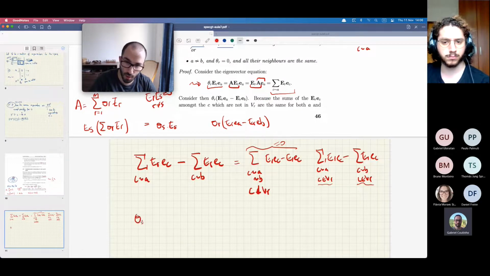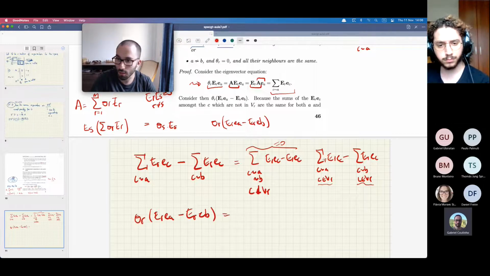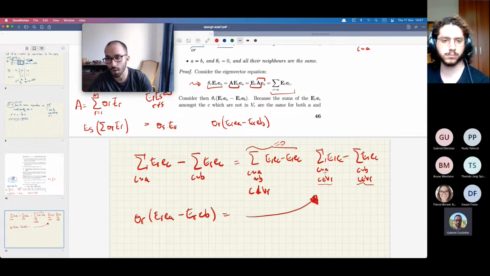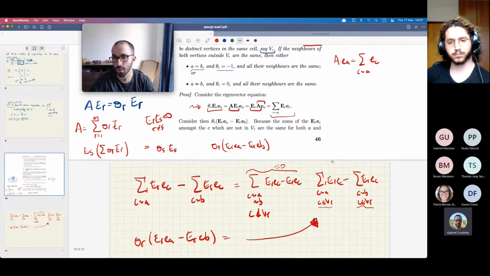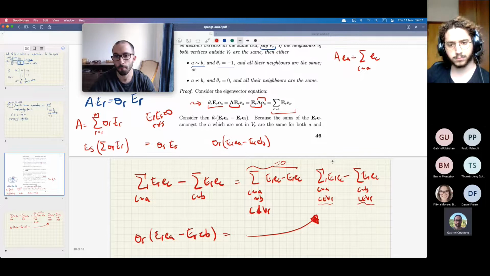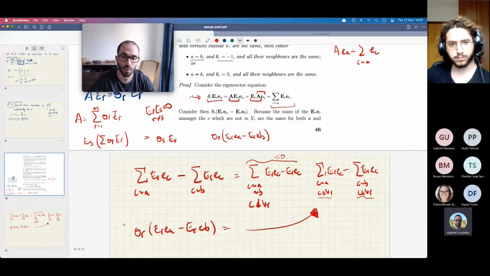I have that theta r I sub r I sub a minus theta r I sub r I sub b is equal to this thing. So I move everything to the left, and then I will have a non-trivial linear combination of these things equal to 0. And that is a problem, right? Unless, of course, one of the possibilities, this guy is 0.